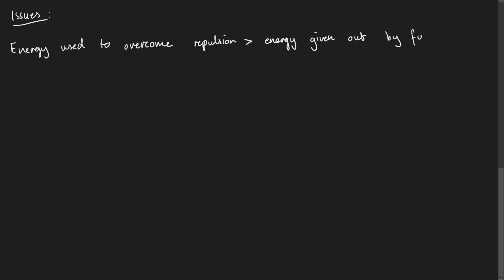And what we find is that the energy used to overcome the repulsion is actually greater than the energy given out by the fusion reaction, because we can't have a 100% transfer of this energy to overcome the repulsion, because we do this by the thermal energy, so we heat, but also we have a high temperature and we have a high pressure also, in order to cause this plasma to occur.